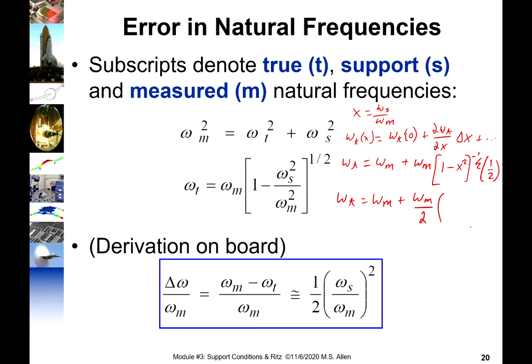and so that would be Ws over Wm. All right, oops, and actually we need then to multiply by the derivative of the inside with respect to x. Looks like I forgot a little term in my derivative here. Let me just clean that up.